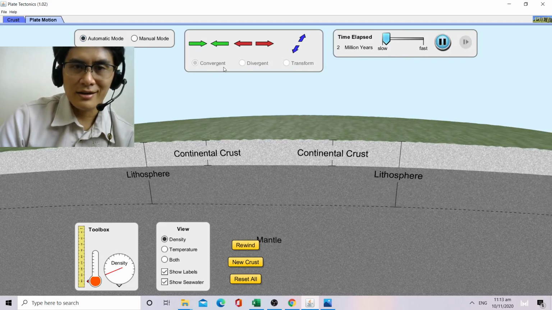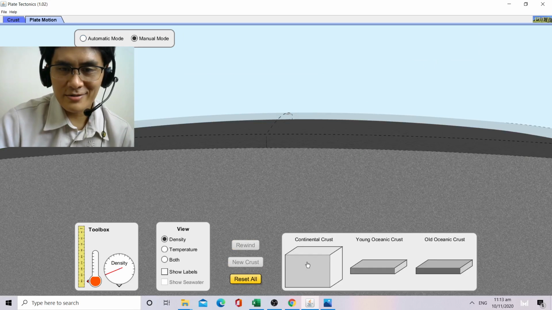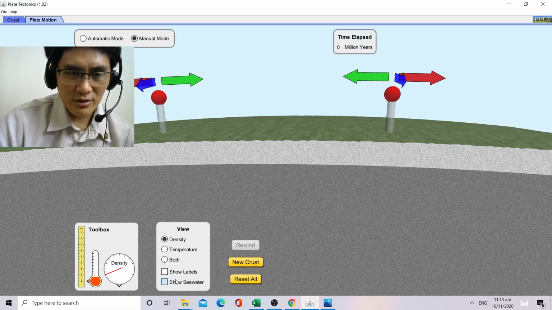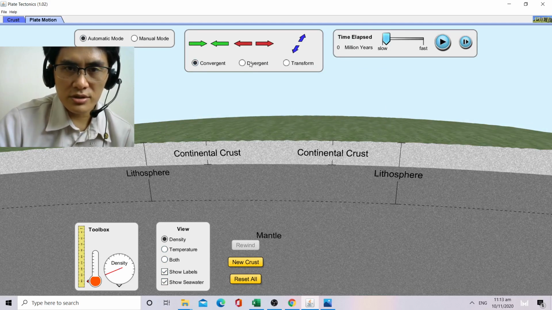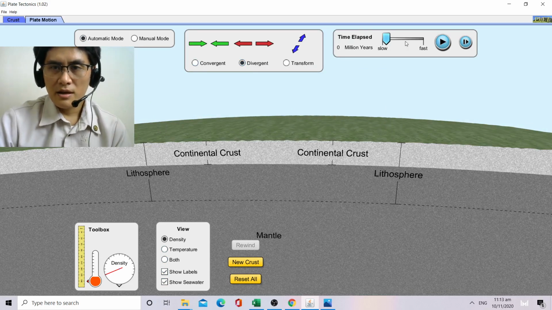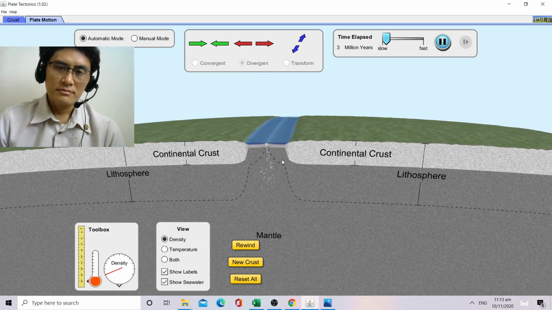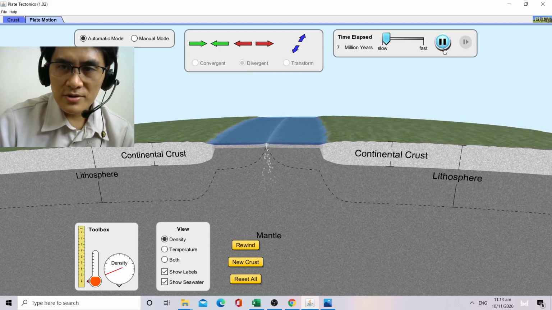Oh, I'm sorry, I accidentally chose convergent. So let's reset. Continental, continental, show seawater labels. And then automatic mode, I'll choose divergent boundary. And then I'll play. Okay? So I want to emphasize this.